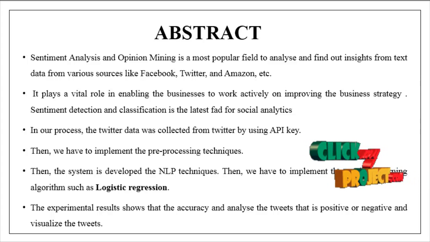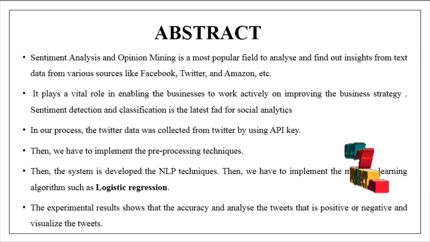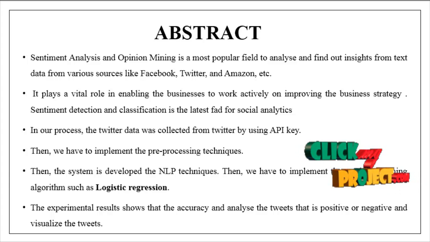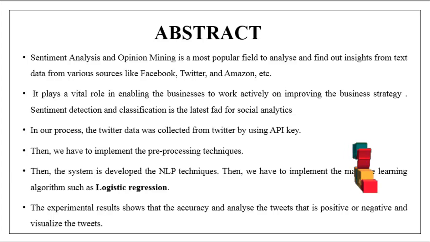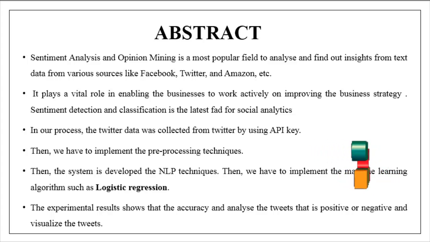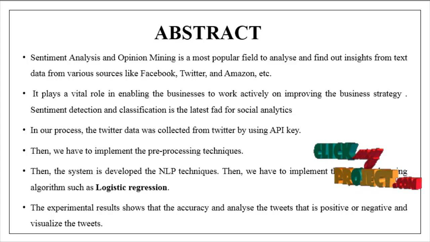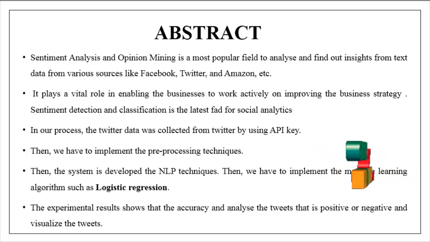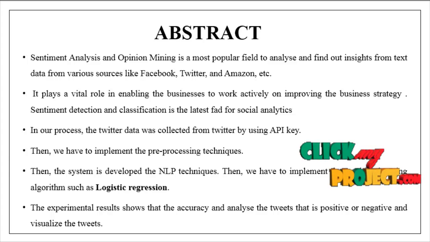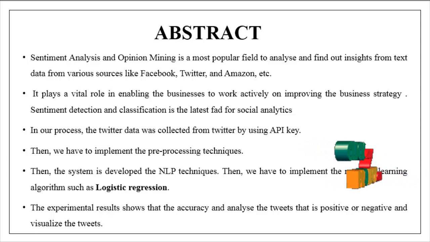In our process, we have to take the Twitter data from Twitter by using the API key. Then we have to implement the pre-processing step. In this step, the purpose is we have to clean or handle the missing values. Then the system develops NLP techniques, that is natural language processing, for cleaning your text data.